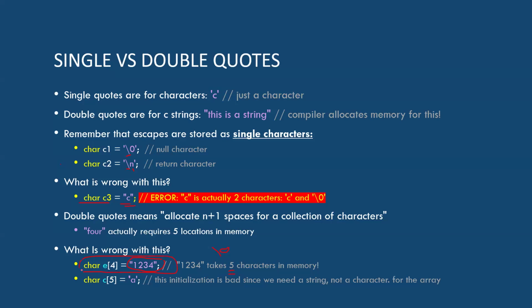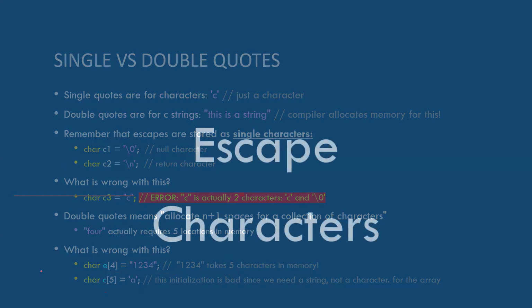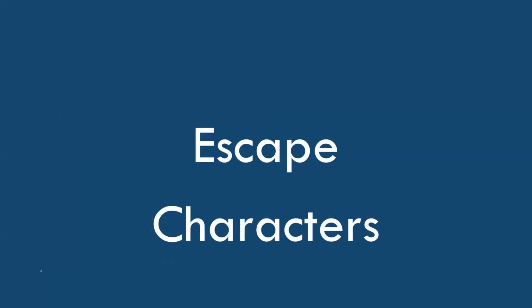If anybody's doing that, feel free to test that. Also, this is a problem over here because this is a single character. We're trying to put it into an array of 5 things. So these are just annoying little things that might pop up. Don't worry if you don't have to memorize all this stuff, but it might jog your memory if you got some kind of a nasty bug you're trying to figure out down the line.